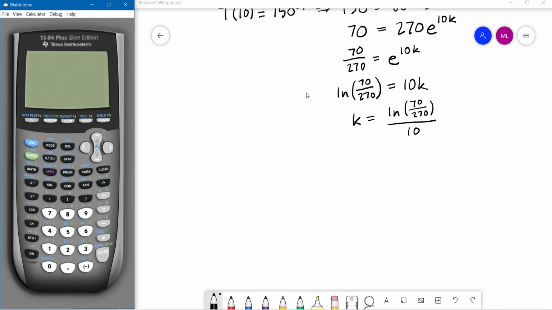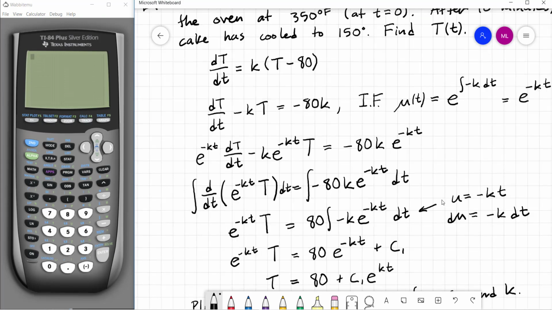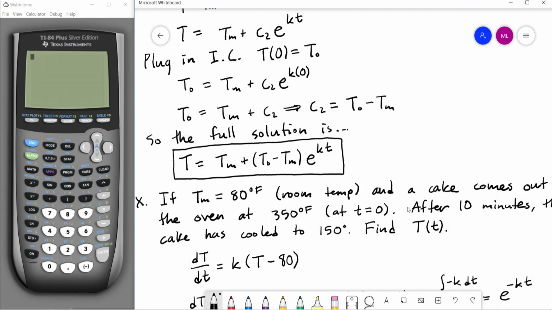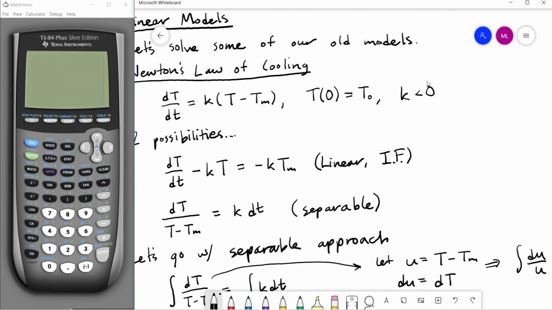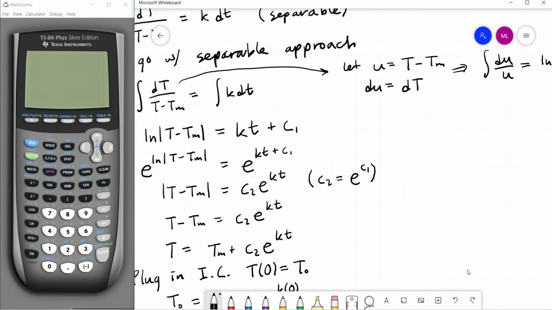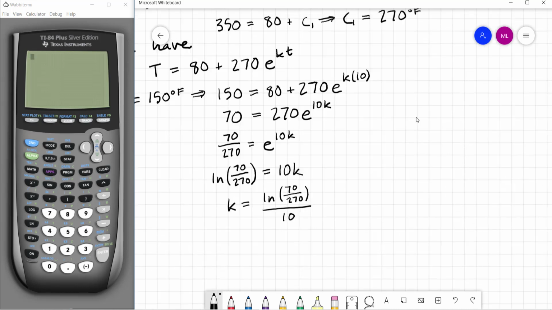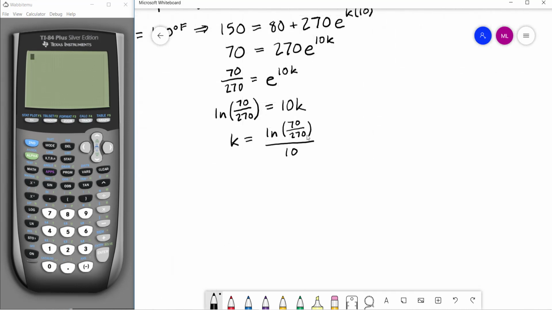But one thing we should expect, going way back to the initial setup of this problem, was we have this condition. k needs to be negative, again, in order for hot things to cool off and cool things to heat up. So this better give us a negative number.